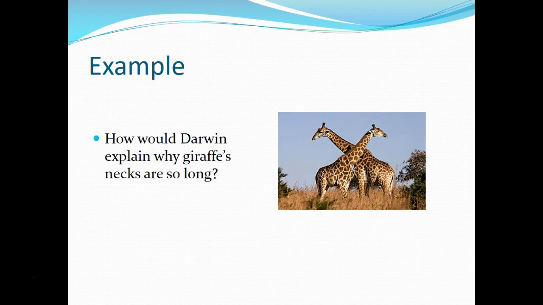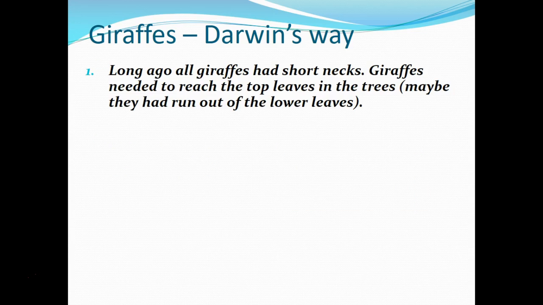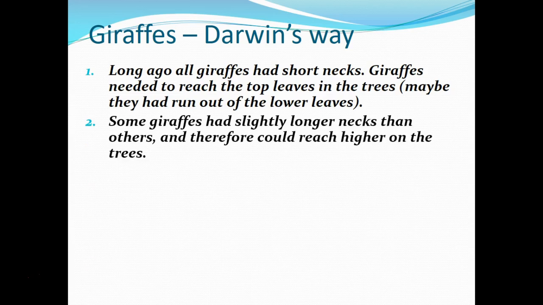So going back to our giraffe example that we used with Lamarck, how would Darwin, through the theory of natural selection, say that giraffes' necks got to be as long as they are today, if long ago they were much shorter? So we start out with that assumption that long ago all the giraffes had short necks, and again they're herbivores. They eat leaves on trees, so they would eat the lower leaves until they were gone.